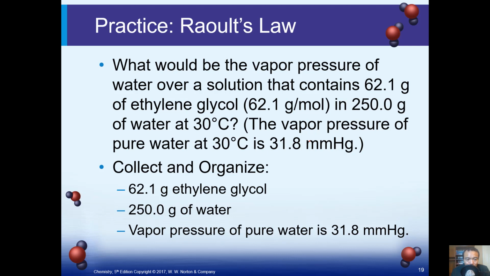It also tells you that pure water at 30 degrees C has a vapor pressure of 31.8 millimeters mercury. So how do we solve this problem? According to Raoult's law, P for the solution is the mole fraction times the vapor pressure for the pure solvent. So what we need to do is find the chi for the solvent, chi water, or mole fraction of water.